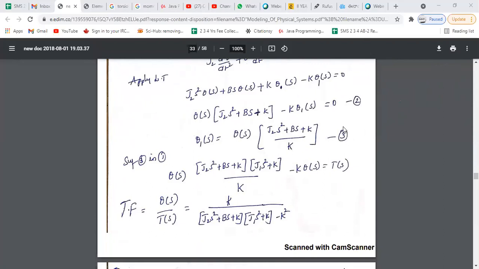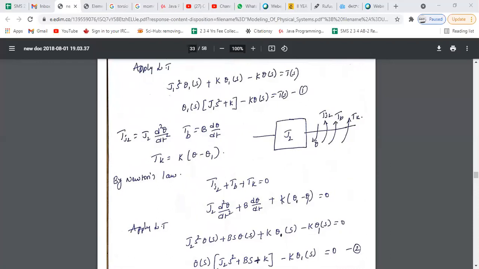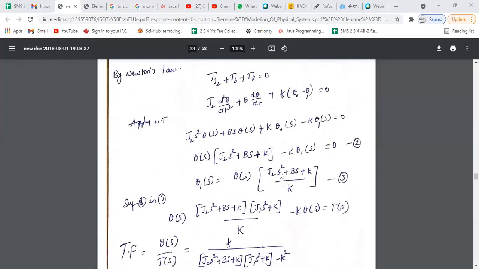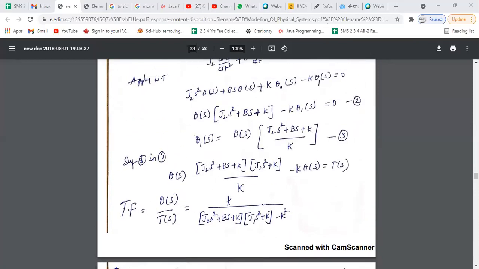Now I am substituting this equation in this equation. In the place of theta 1 of s, I am substituting the term. So finally, this is what I am getting. After substituting, theta of s into this term minus k into theta of s by this term. Take theta of s as common from these two terms.